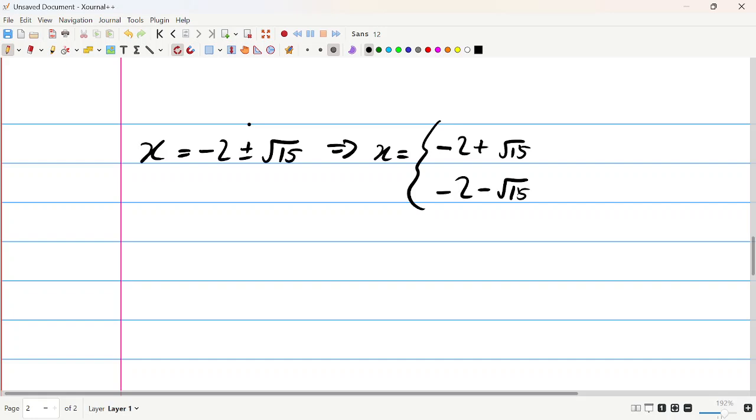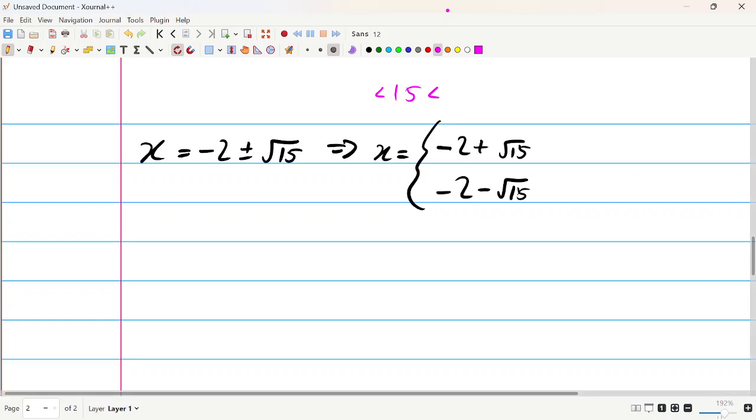Now in this case, we need to find the approximate value of the square root of 15 and see if it's going to be negative or positive. So 15 lies between two perfect squares.